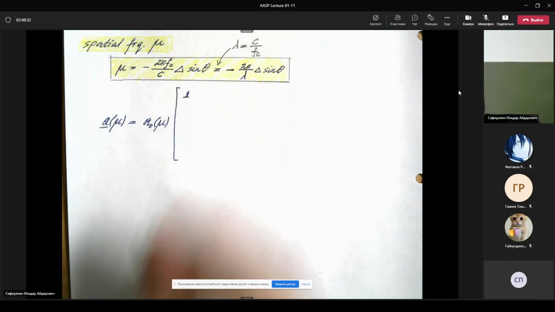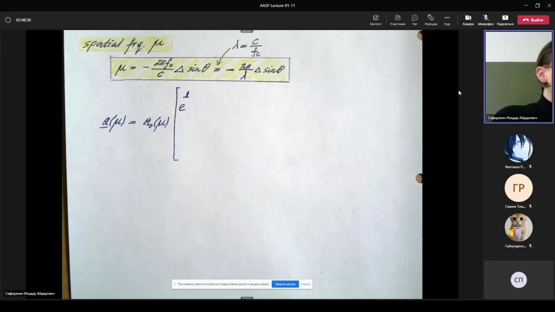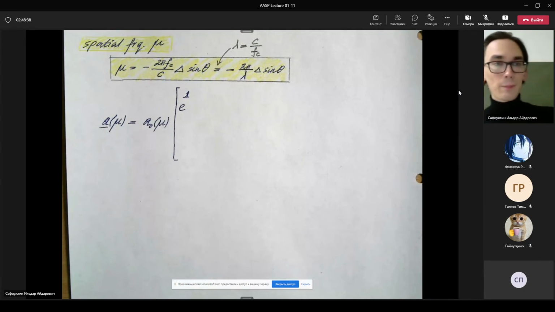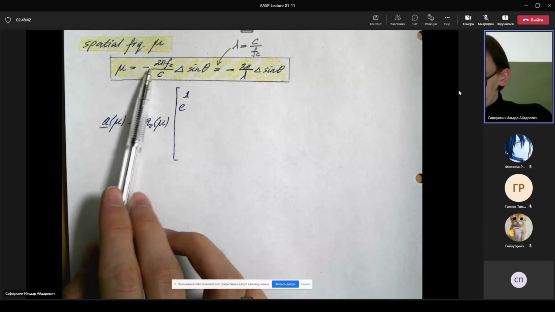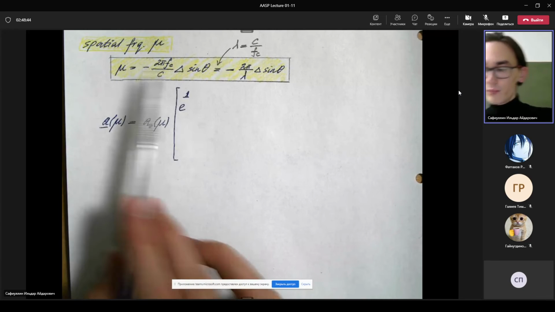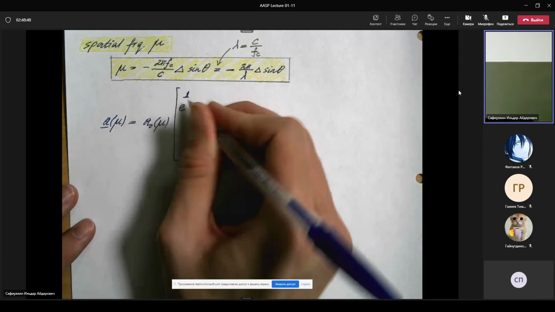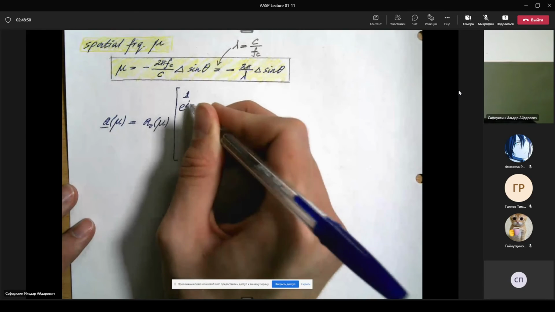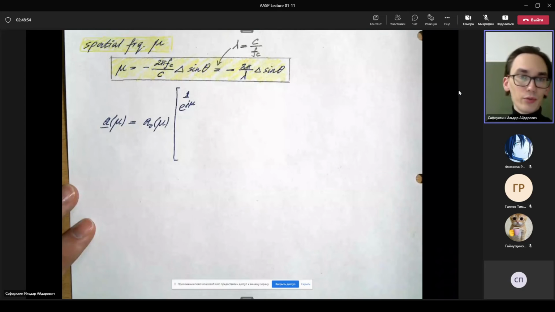Then, before we had this minus sign, but you can see that mu also has this minus sign, so we will have only j times mu, without the minus sign here. e to the power of j times mu.